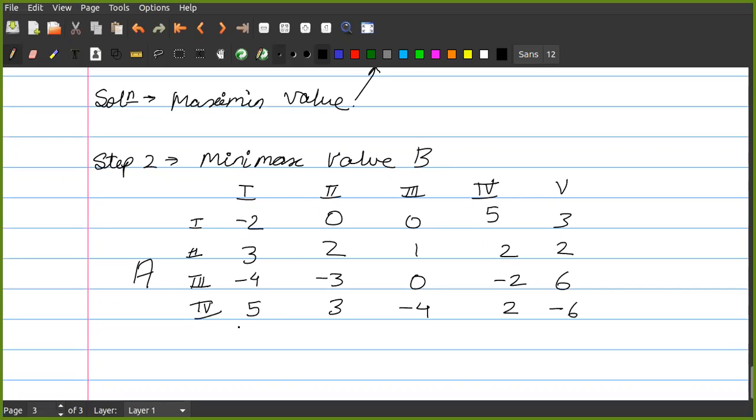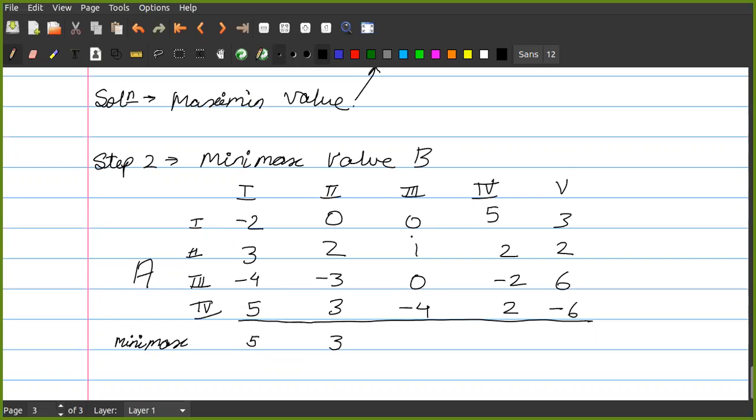Now here when we are talking of player B, we will calculate the minimax, the maximum of each column. What is the maximum value here? 5. Correct? Maximum value here is 3.